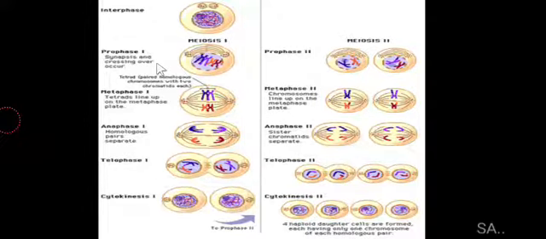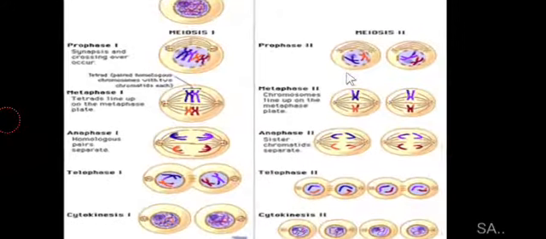Prophase 1, in which we had 5 sub-stages: leptotene, zygotene, pachytene, diplotene, and diakinesis. After that, metaphase 1, then anaphase 1, telophase 1, and cytokinesis 1. Now you see here, these cells will enter the next phase of meiosis, which is meiosis 2.